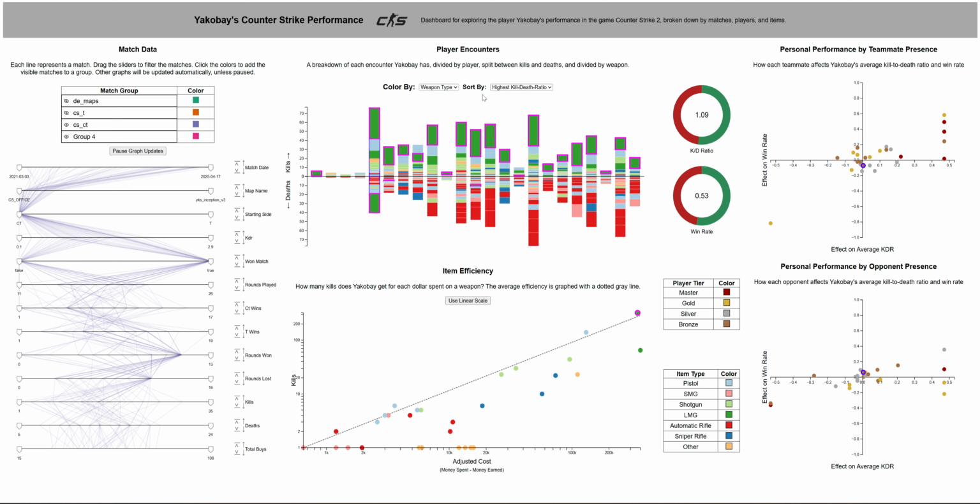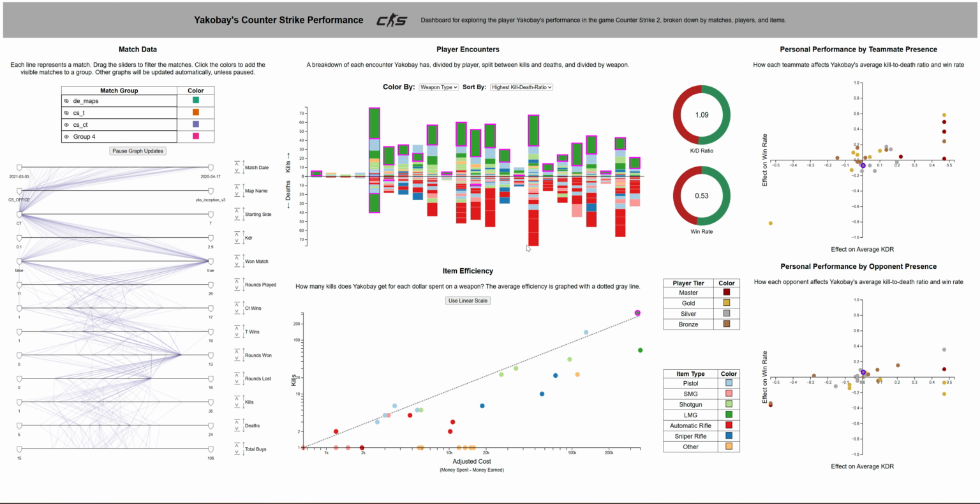So say someone on the lower end of the kill to death ratio, like Unthink, and I'd say, oh, the Negev is an effective weapon against him because it's high up there, and I get a lot of kills against him with it. And then I need to watch out when he brings out the automatic rifles, which are his most used weapons against me, because he gets a lot of kills with those.